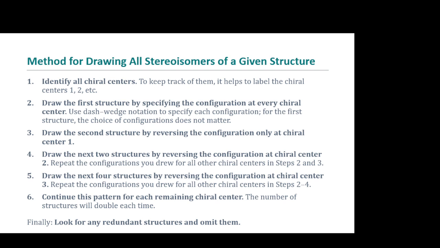Okay? All right. Finally, the last part is you always have to go back through all of your structures and compare them. This really helps if you've drawn them out in such a way that you can fold the paper to make columns, okay? And then what you can actually do is take the columns and basically run them through next to each other to see if they match, okay?